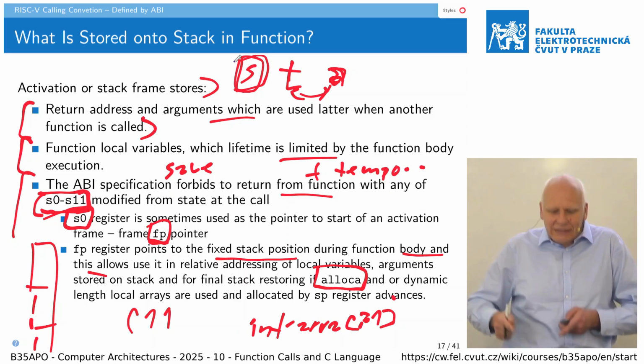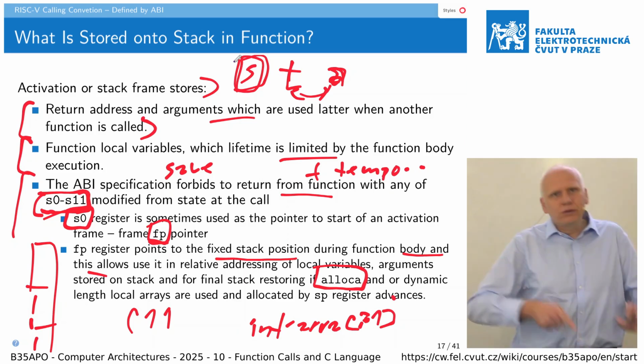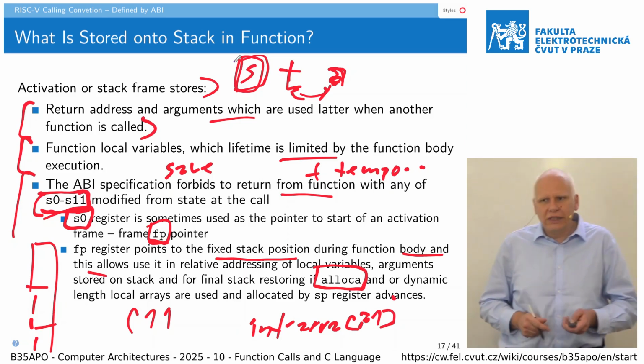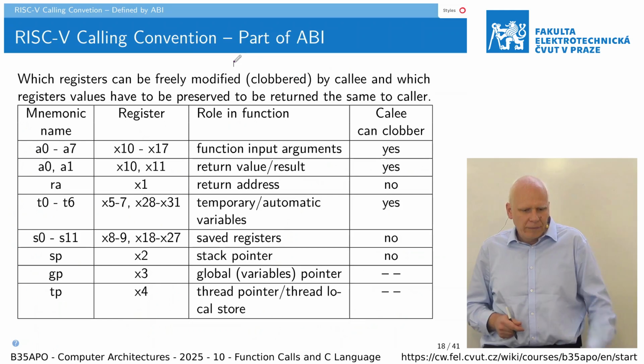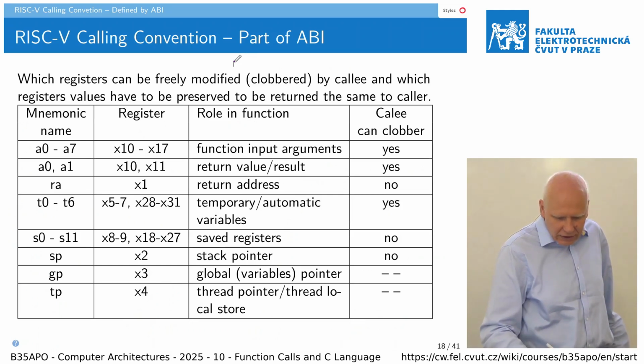But it has the disadvantage that it has to be preserved, so if you want to use it, you need to store it first to the stack in your function. Now we get to the whole definition.